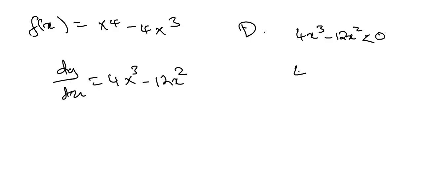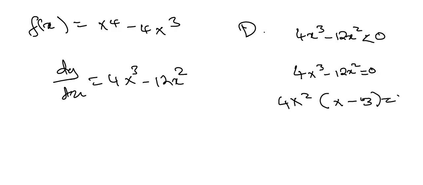So we're trying to solve this. Put an equal sign and factorize: 4x squared times x minus 3 is equal to 0. This gives x is equal to 0 and x is equal to 3.